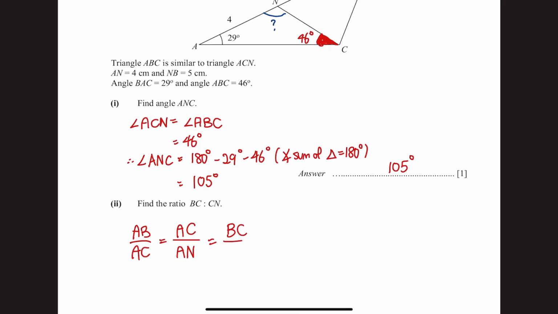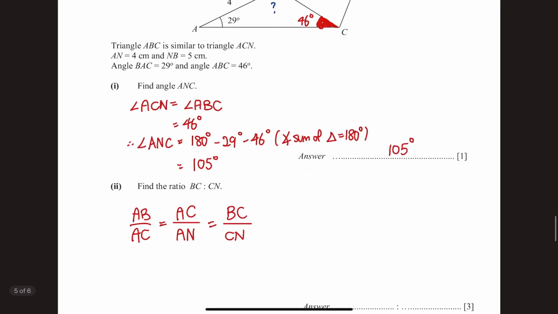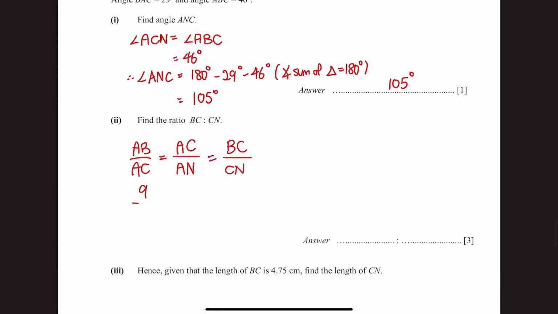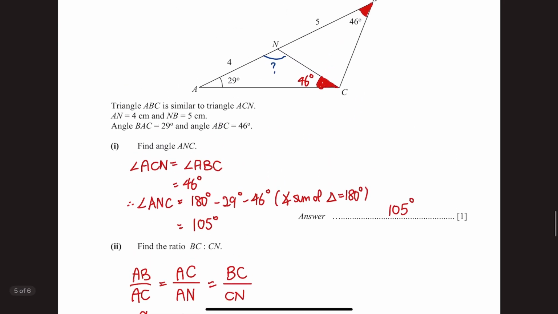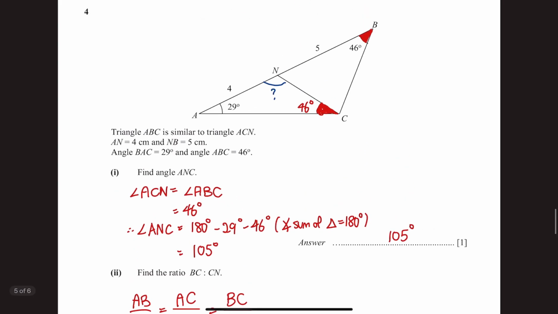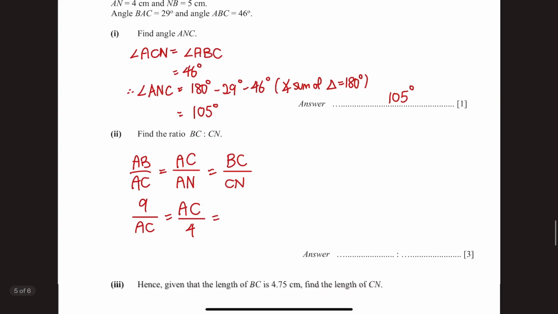Now let's sub in the values that we know. AB is actually 4 plus 5, so this value is 9, over AC which is unknown, equals AC over AN, and AN over here is 4, equals BC over CN. This one I also don't know.